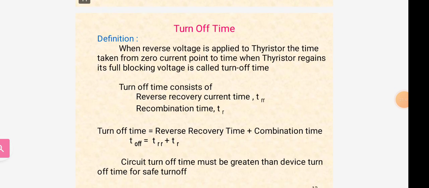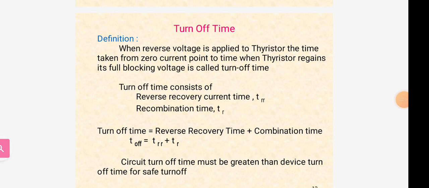So here next is the turn off time. Turn off time is defined as the time required from the zero current point to the time when the thyristor regains its full blocking voltage in positive direction after the application of reverse voltage.